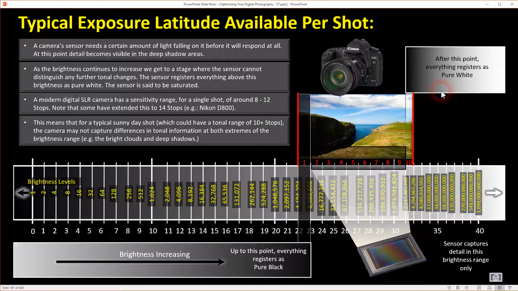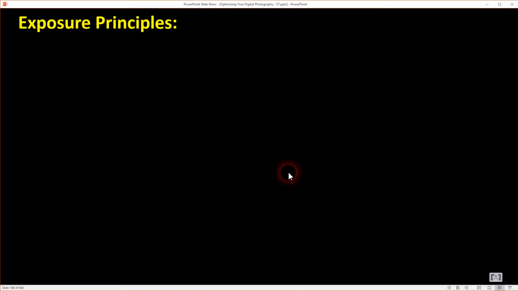Similarly, at the brighter end, this particular area here, one stop of tonal information from the scene will be registered as pure white, because the sensor is incapable of capturing that dynamic range of tones from the scene.